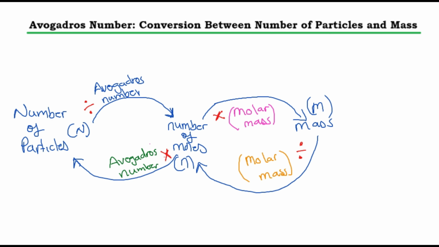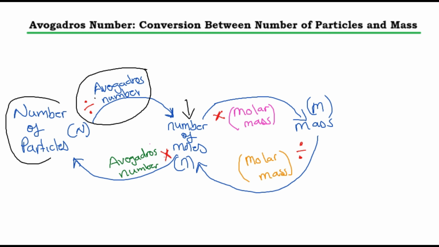So number of particles is here. If I want to move from the number of particles to the number of moles, which is here, I need to divide the number of particles by the Avogadro's number. That's when I can get to the number of moles.